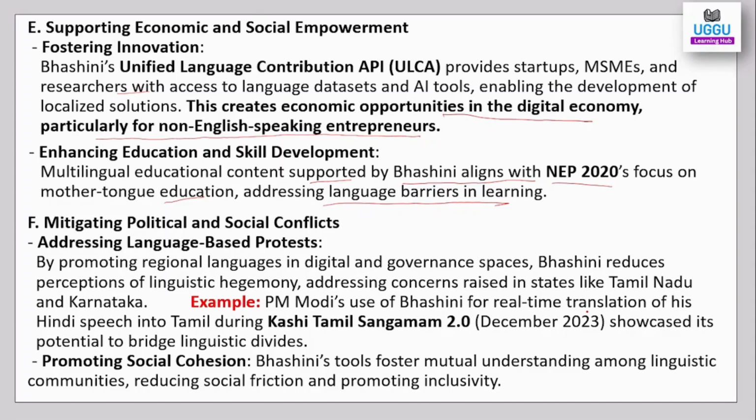Example: PM Modi used Bhashini for real-time translation of his speech into Tamil during the Kashi Tamil Sangamam 2.0 in December 2023, showcasing its potential to bridge linguistic divides and promote social cohesion. Bhashini tools foster mutual understanding among linguistic communities, reducing social friction and promoting inclusivity.